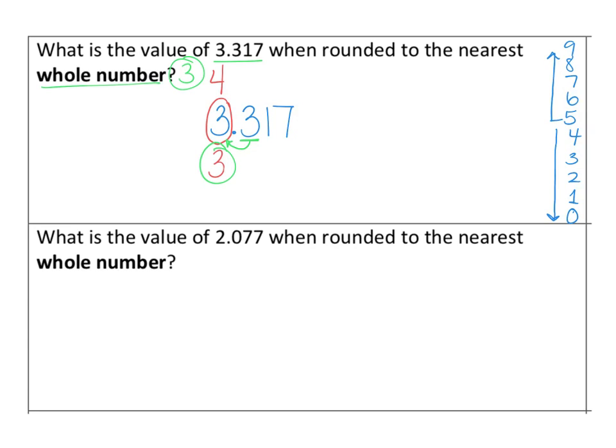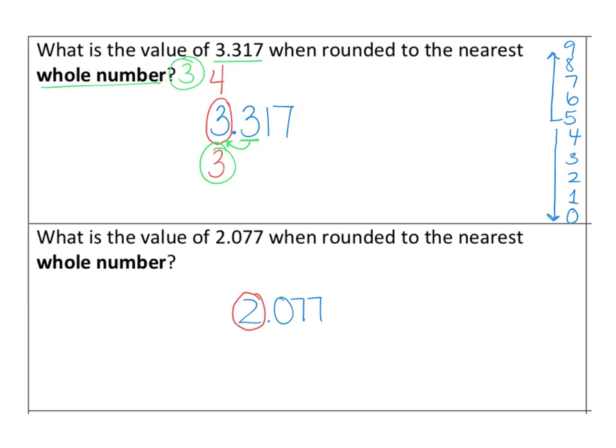Now let's try it on the next one. What is the value of 2 and 77 thousandths? So I'm going to write 2 and 77 thousandths when rounded to the nearest whole number. Since I'm rounding to the nearest whole number, I'm going to circle the whole number, which is 2, because a whole number is not a decimal or a fraction.